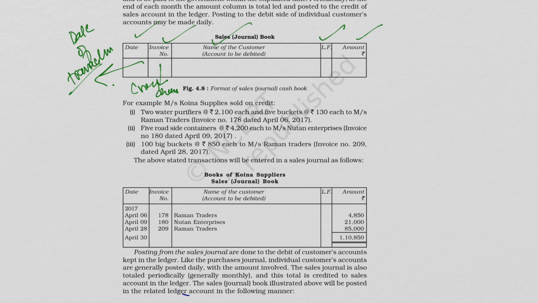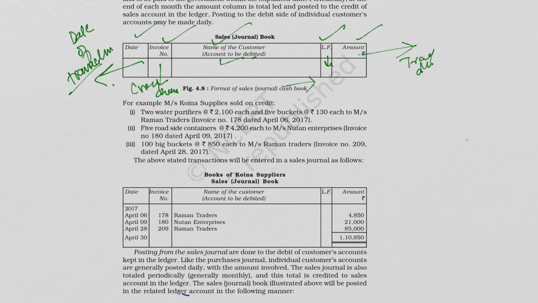Name of customer records the name of the debtor. Ledger folio column is used at the time of posting to ledger; it indicates the page number of the ledger account. Details column describes the goods, and we can mention quantity, rate and description. Amount column records the net amount after deducting trade discount.